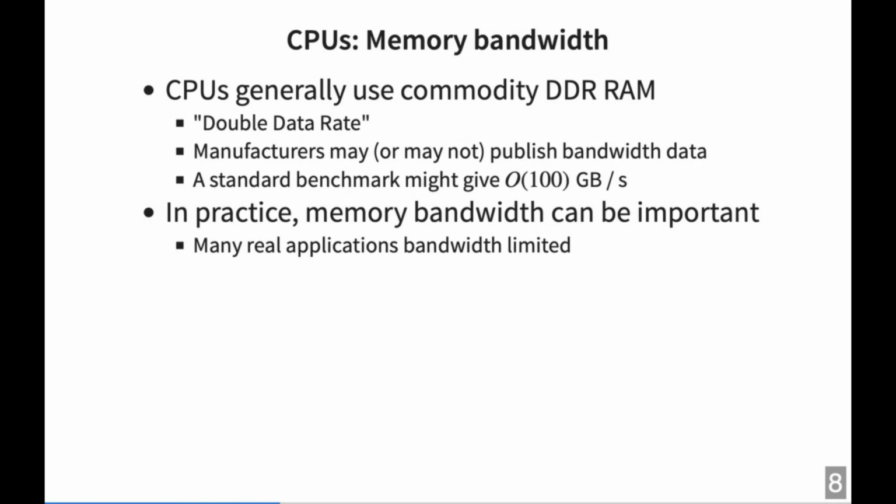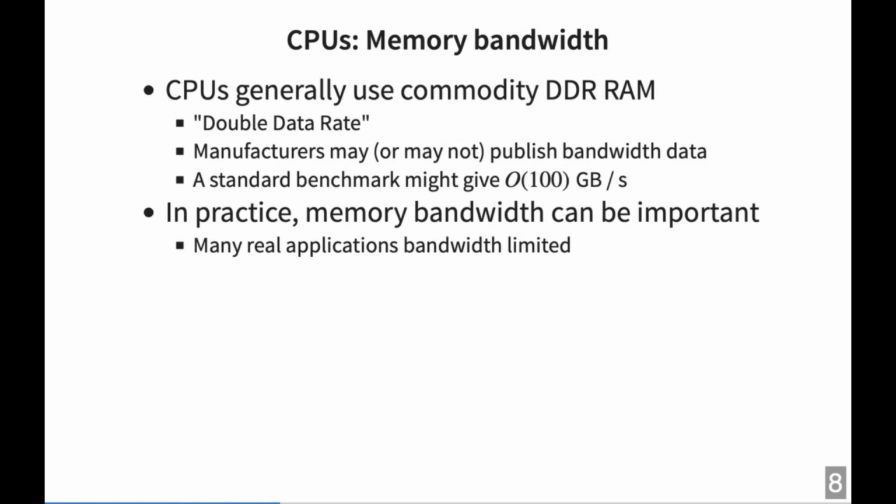Doesn't really say what double is relative to, but in some sense gives you a memory bandwidth which for a general purpose commodity machine is acceptable.